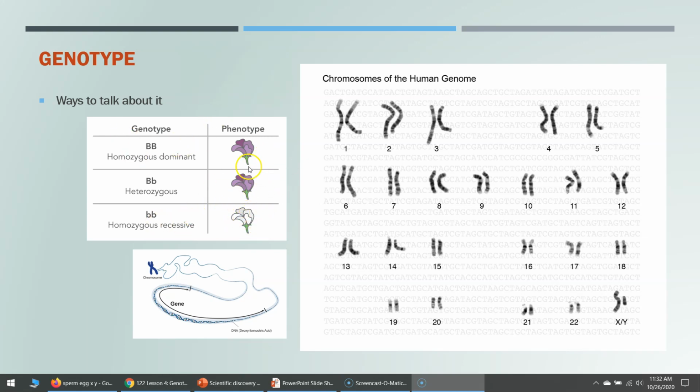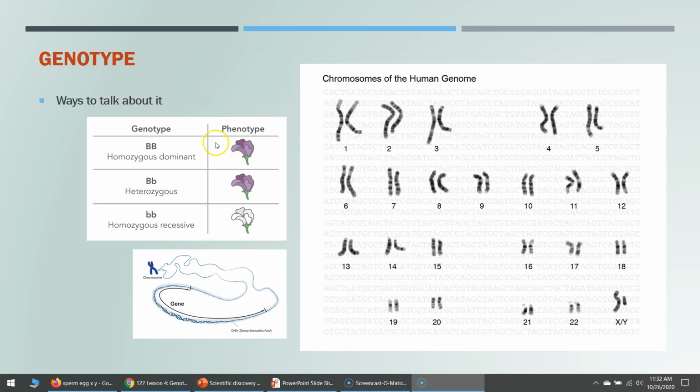But in this graph right here, the genotype is the genes itself, and the phenotype would be the trait. So the color of the flower is the phenotype, and the genotype is what's in the DNA of that plant. And depending on the genotype, the phenotype will be different.